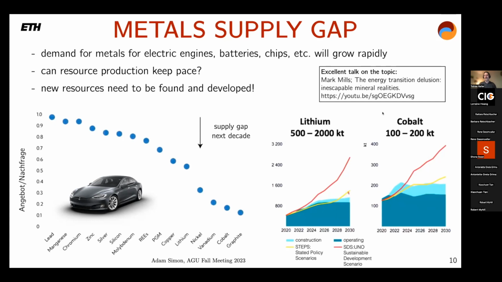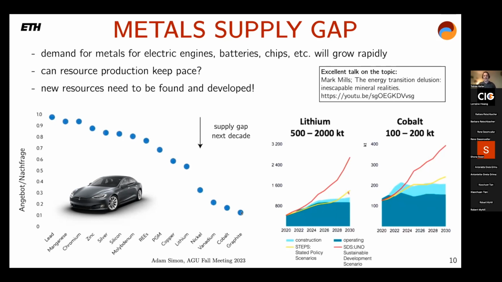And actually, the bottom line is that if we look at the supply gap that is waiting for us just over the next decade, some of the most important elements like lithium and cobalt and graphite, which are really important for electric car batteries, we basically have known and developing resources that cover just about 10% of the demand that we're going to need.